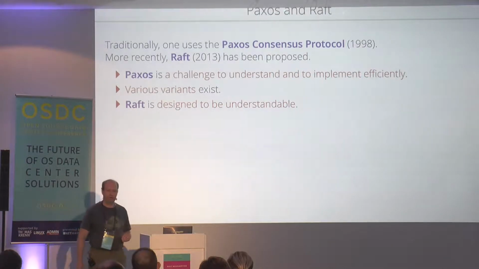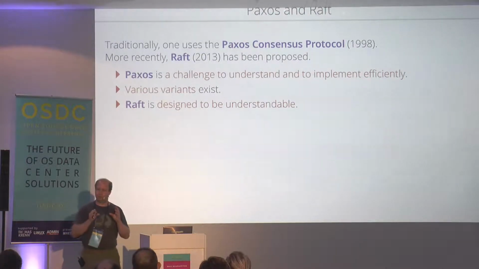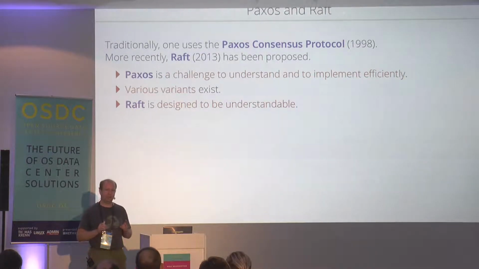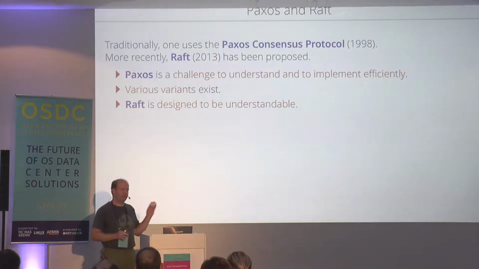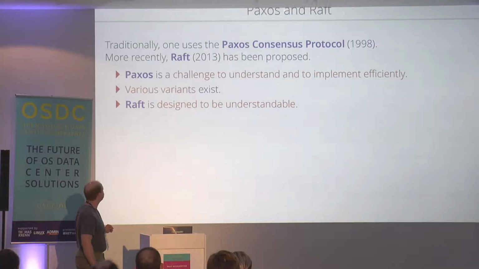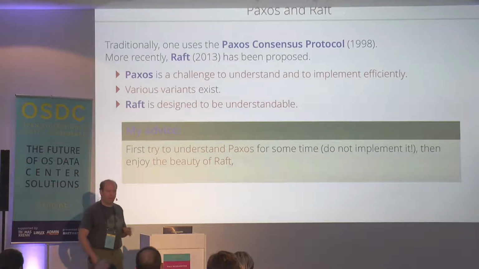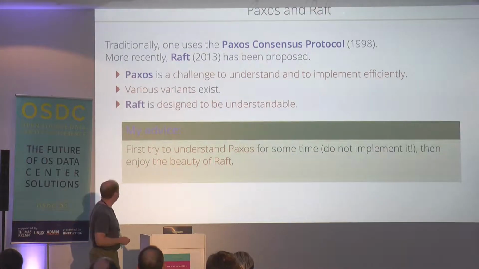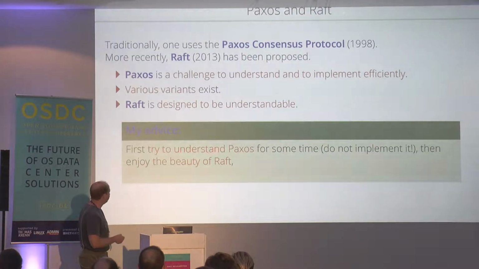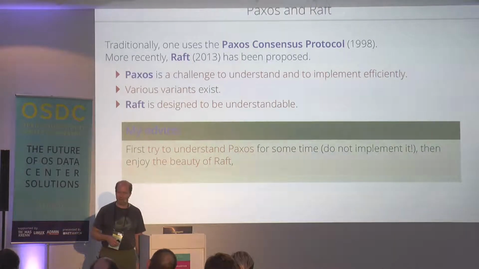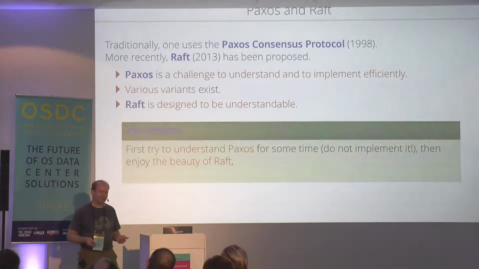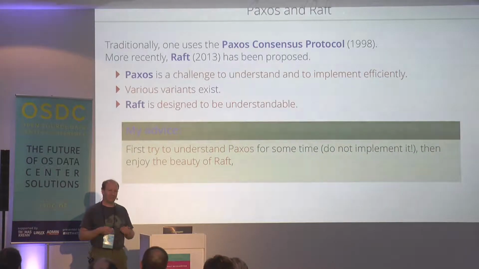Raft, on the contrary, is designed to be understandable. It's not better in every way, but it's a lot better in the way that it can be understood. So my advice in this business, if you have to solve consensus or use stuff with consensus, is the following. Try to understand Paxos for a while, because the papers are well written, they are fun to read, and it's a good challenge.